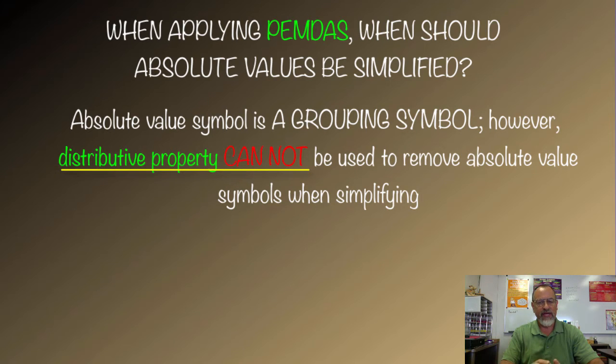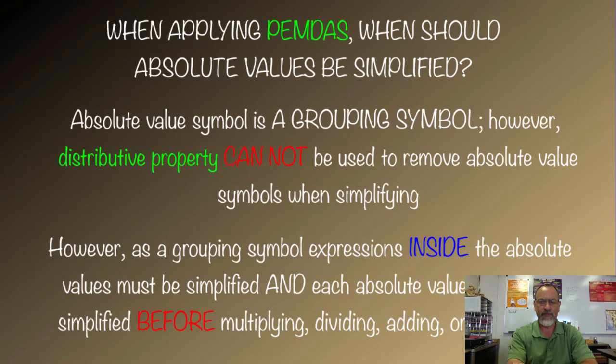So it's a grouping symbol, and the things inside need to be simplified, and we need to simplify that before we move forward with multiplying, dividing, adding, and subtracting. But they're not a grouping symbol in the sense that you can use the distributive property to remove it. Okay, so very important point and very important thing to be aware of.